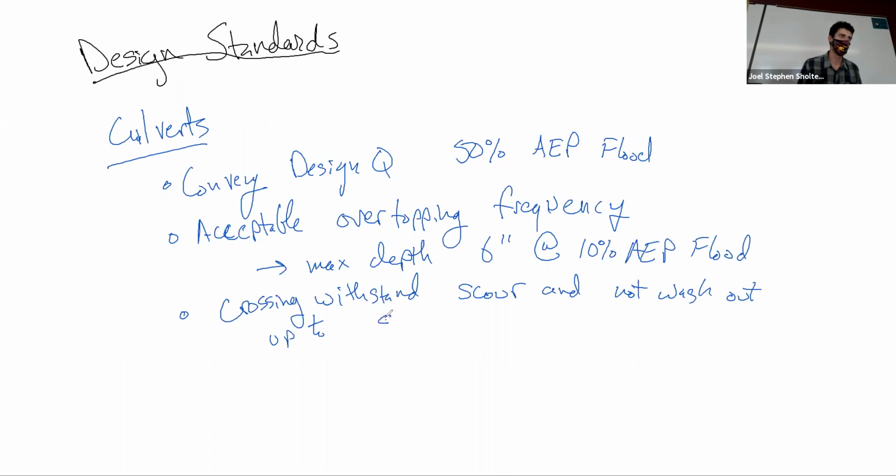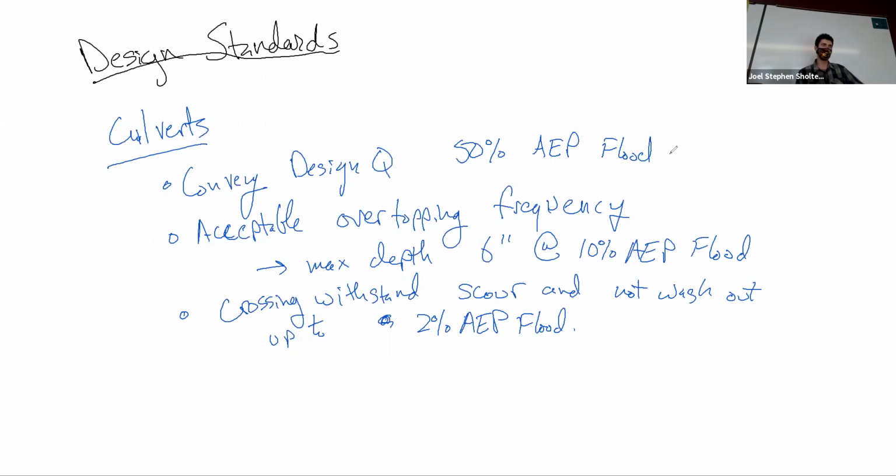We'll call this the 2% AEP flood. So it's okay if the road gets wet, but it can't be that deep. And it's okay if the road washes out, but maybe we're going to design it so that it doesn't wash out up to the 2% flood. This is not like a major highway or something like that.